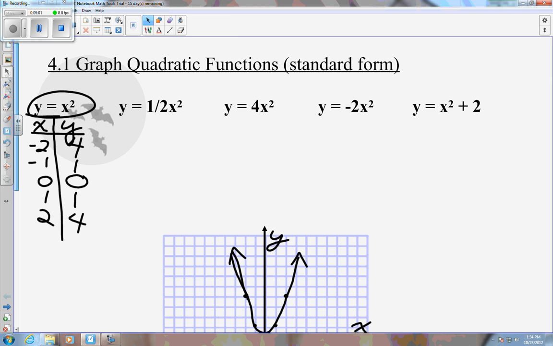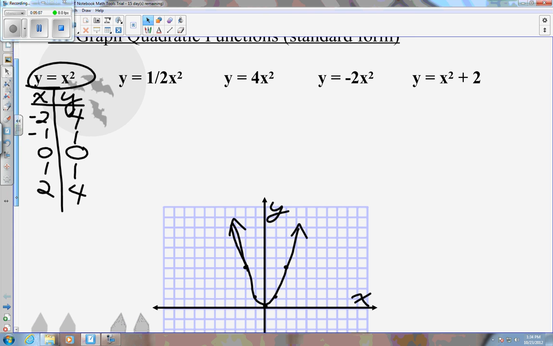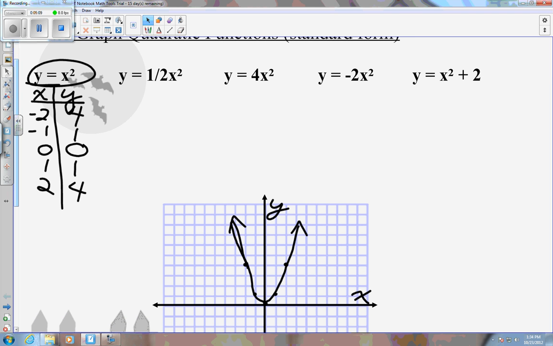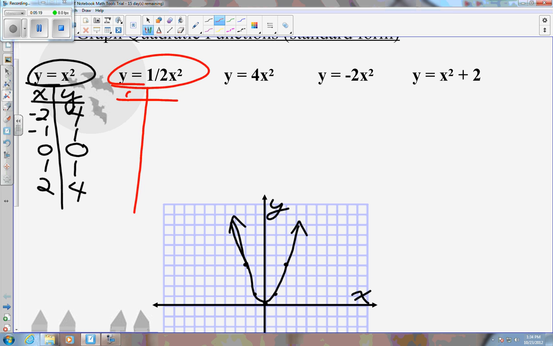We call it a parabola. Now, what happens when I take x squared times a half? I have y equals 1/2 x squared. And use numbers that can be divided by half. Okay? We're going to do a T-table again. I have x here, y here. -2, -1, 0, 1, 2.